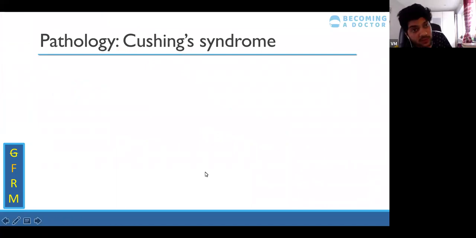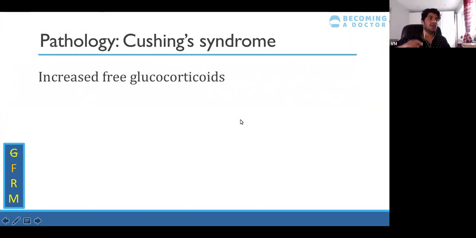And the condition I wanted to talk about in relation to cortisol is Cushing's syndrome. Cushing's syndrome is essentially increased free glucocorticoids. So you have raised cortisol in the blood. And this description can have many different causes.